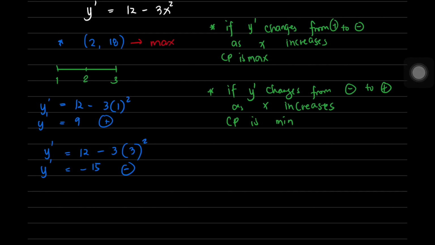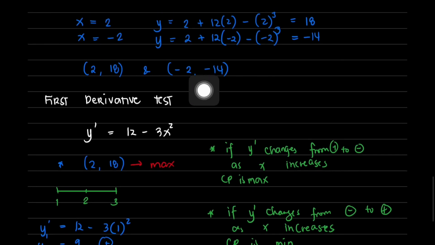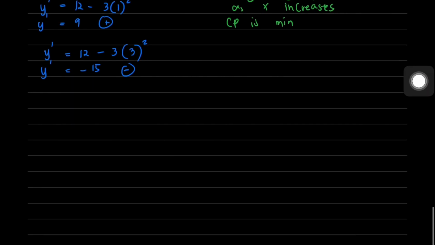And the second critical point, which is (-2, -14), if we're going to classify that one, we draw a line in here. This is negative 2, this is negative 3, and this is negative 1.